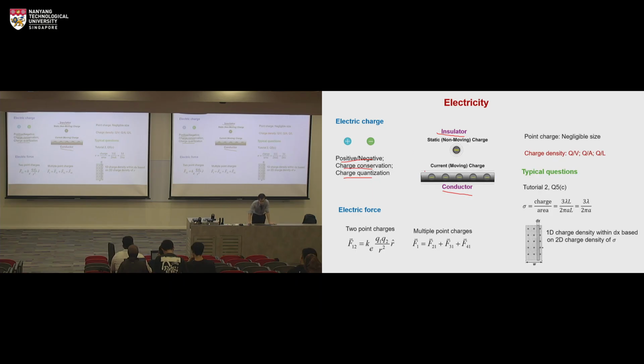If it can move freely, then we say it's a conductor. If it's fixed, then we say it's an insulator. So again, of course, we may not test you directly on what is a conductor and what is an insulator, but if the question is given in terms of a conductor, then this understanding should come into your mind.